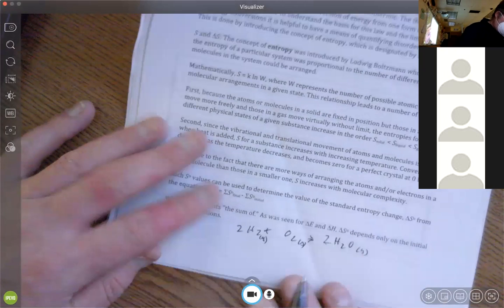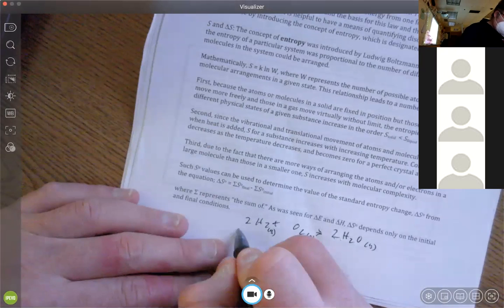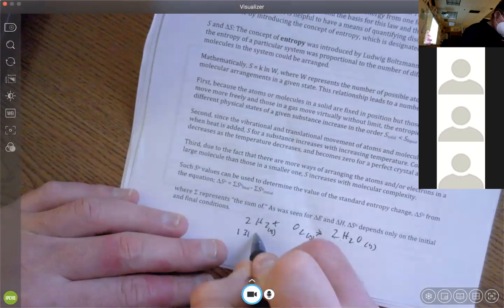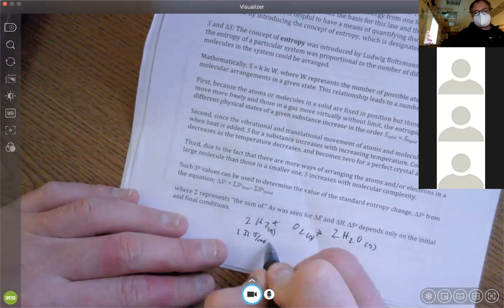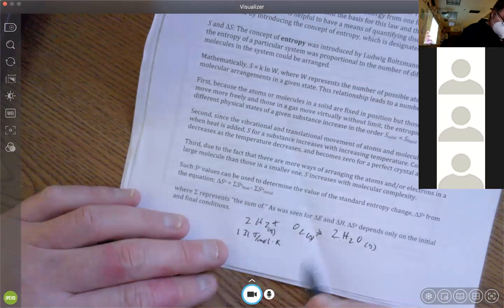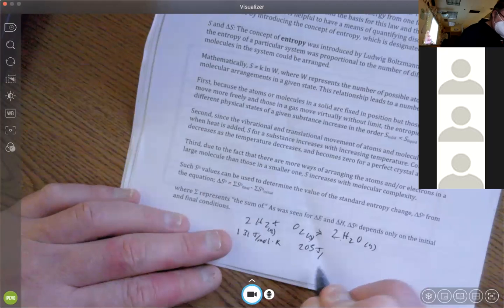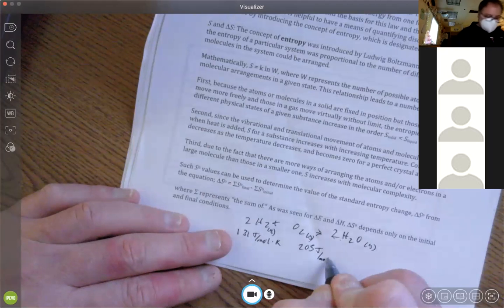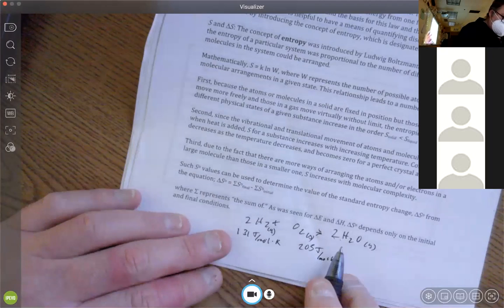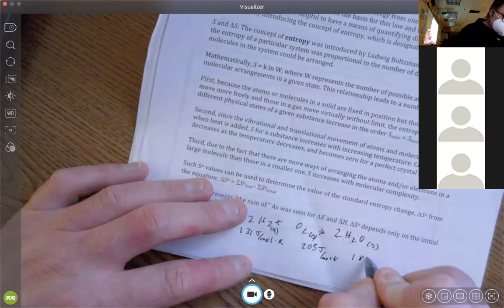So the entropy of H2 is 131 joules per mole Kelvin. Keep in mind that entropy is always in joules per mole Kelvin. For oxygen, it's 205 joules per mole Kelvin. And for water, it's 189 joules per mole Kelvin.